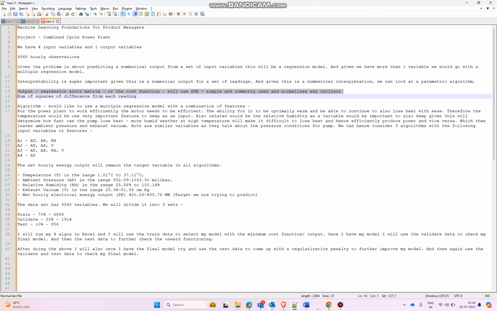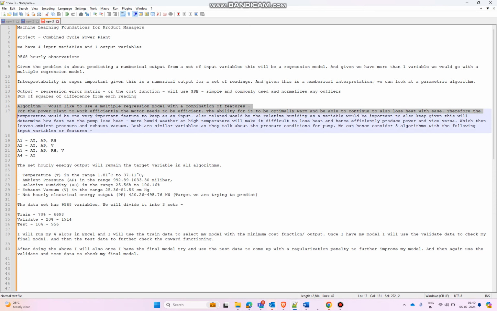Now, for an output, our error or our cost function will be SSE. It is simple and commonly used and normalizes any outliers. It's essentially a sum of square of difference for each reading against the actual reading.